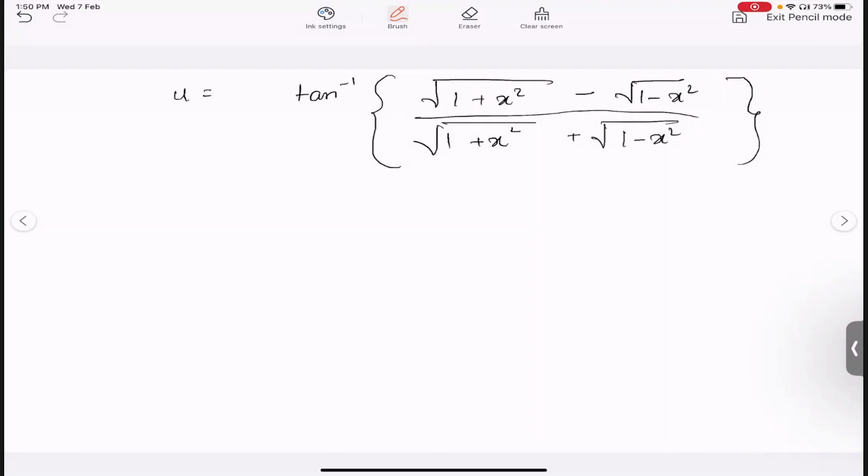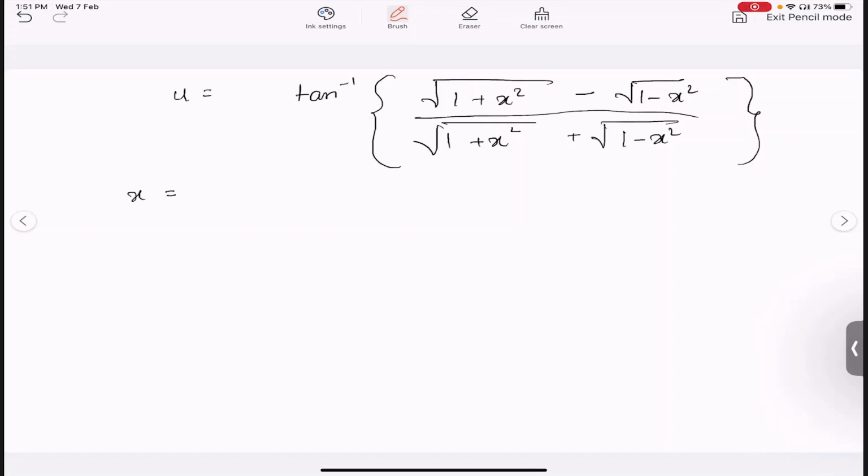So if we look into this type of equation, what we can think of is a substitution. There should be something that we can substitute so that it can give a square.